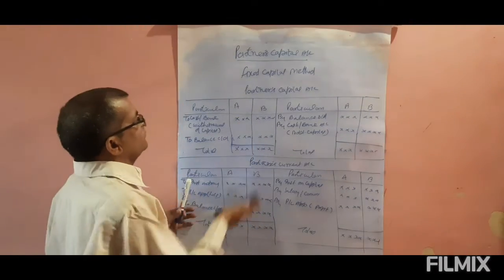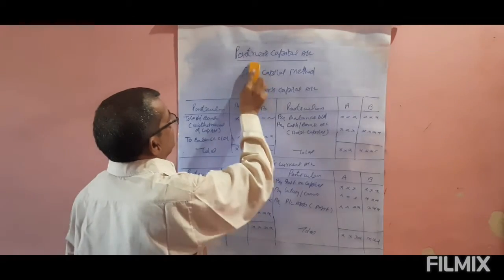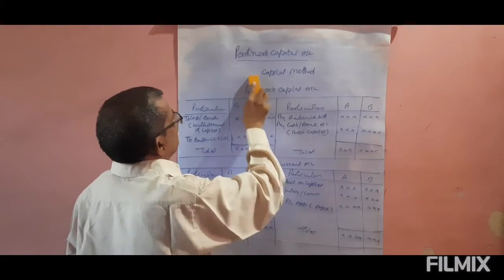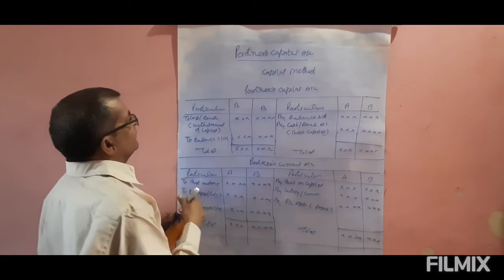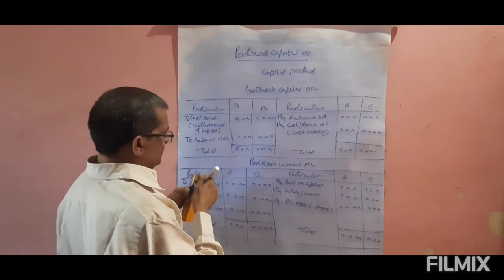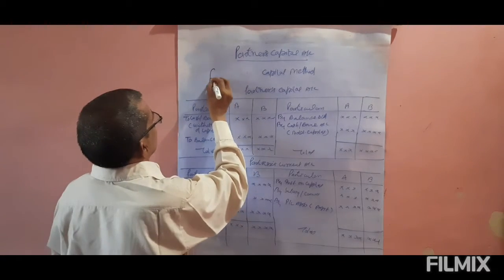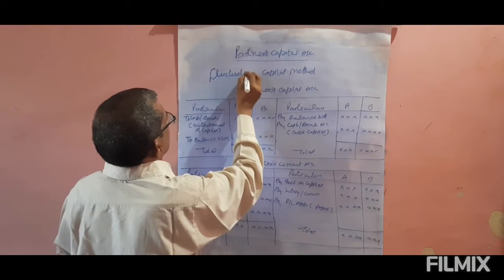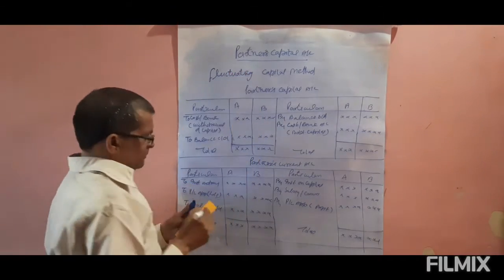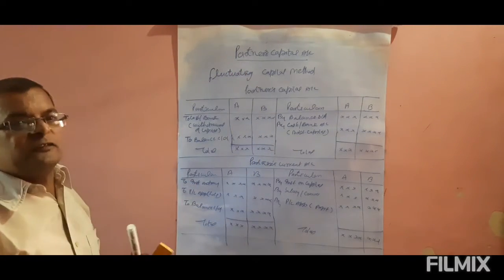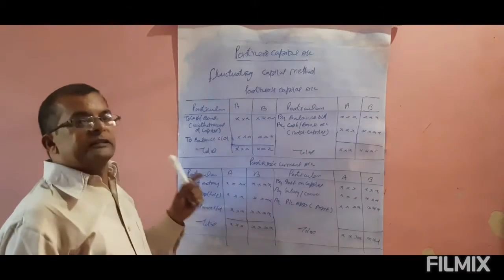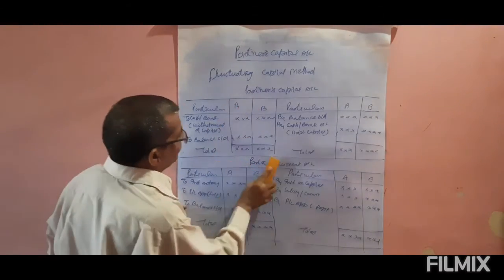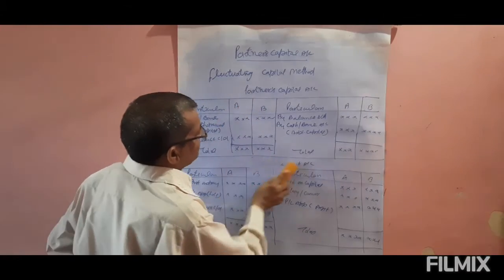Now next is the fluctuating capital method. In the fluctuating capital method, only one account is prepared, only the capital account. So we erase this.